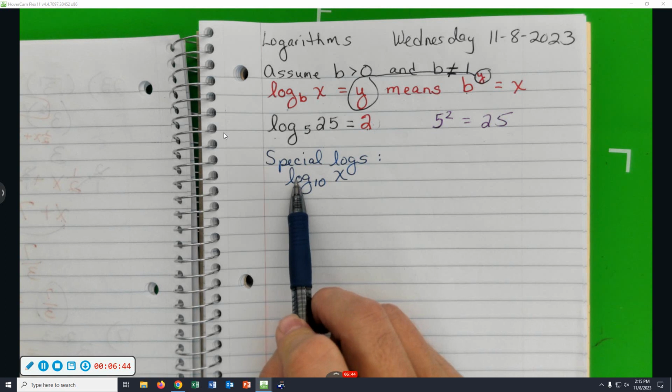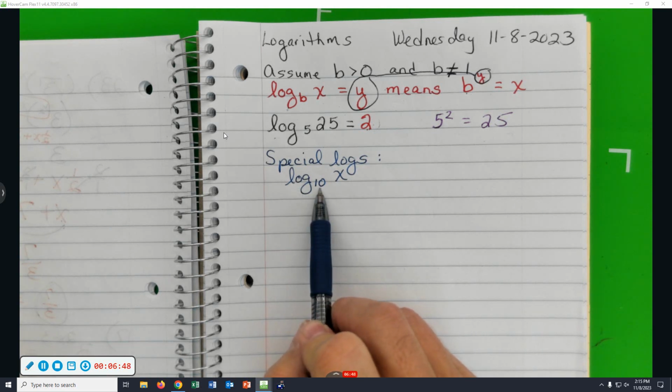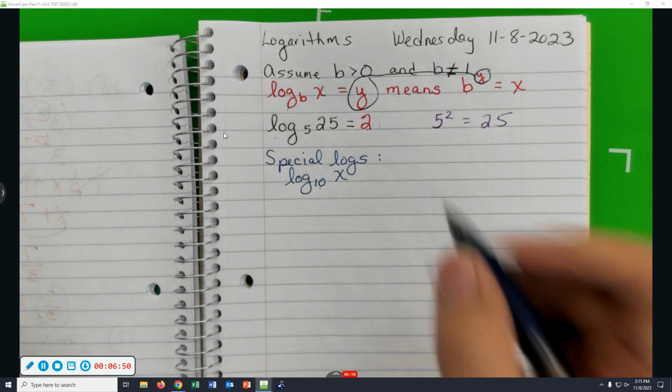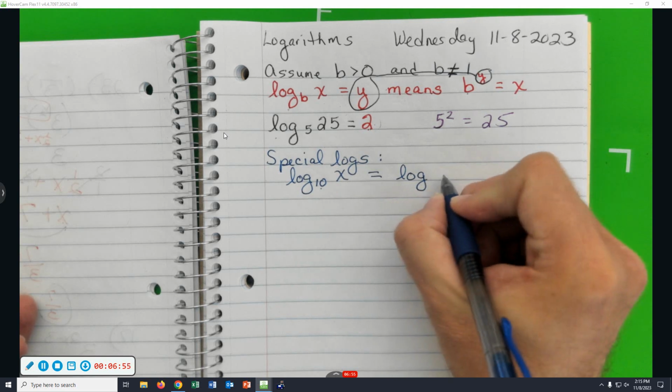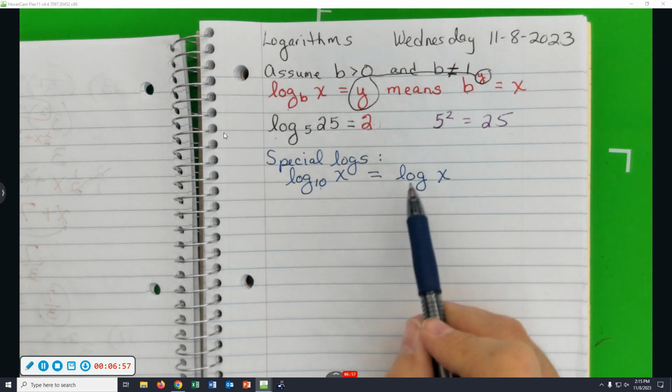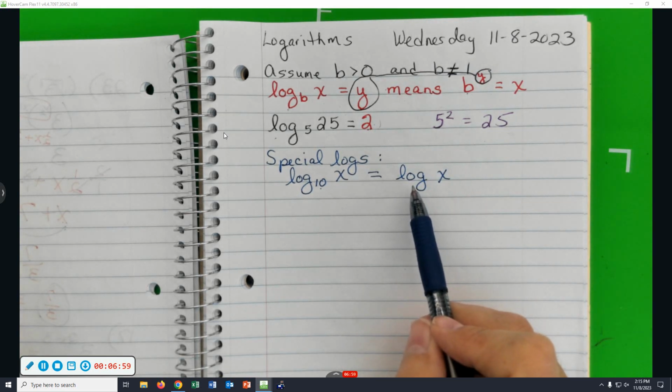Here are two special logarithms. Log base 10, if you have a little 10 there, is abbreviated or denoted just log. That's called the common logarithm, because for decades that was the most common logarithm used.